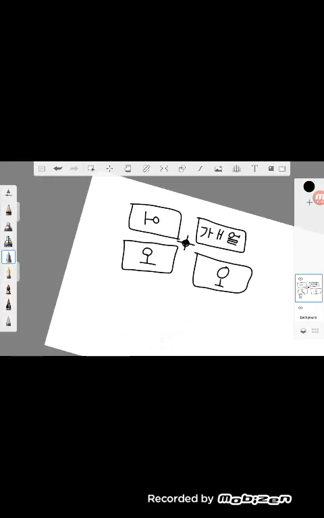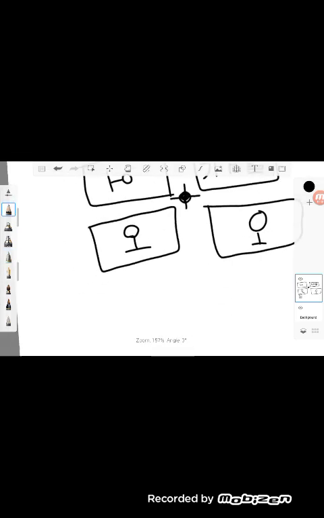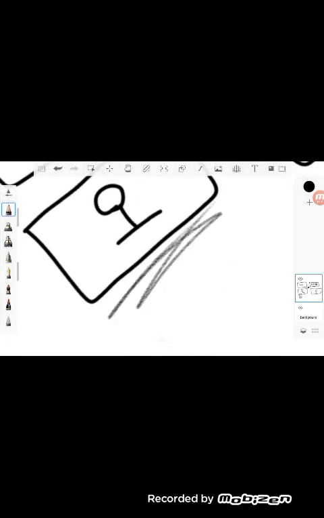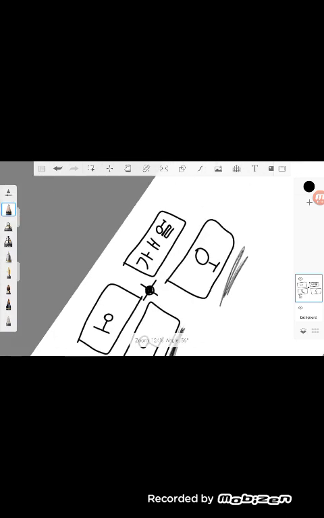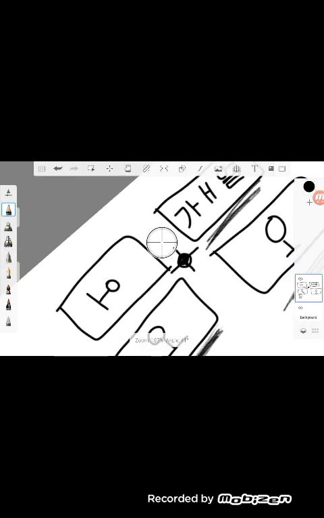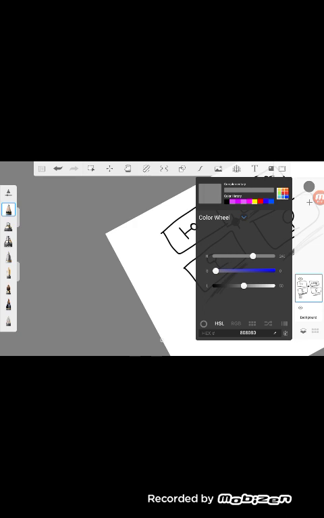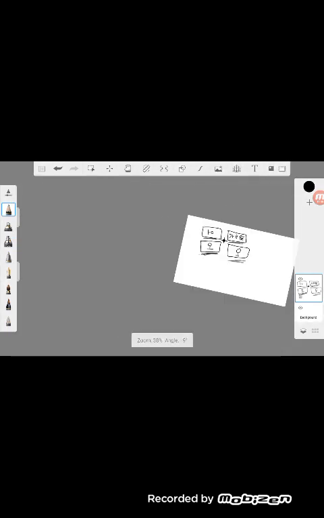Okay, so these bunch of letters and characters that we draw, it's to get a pencil and put a shadow on the bottom. Okay.